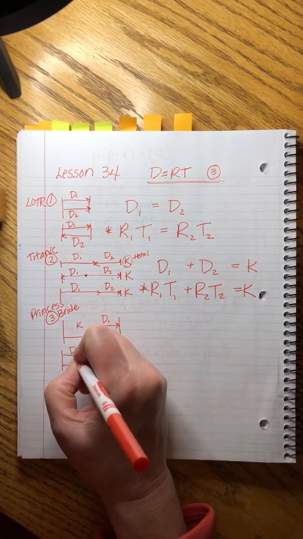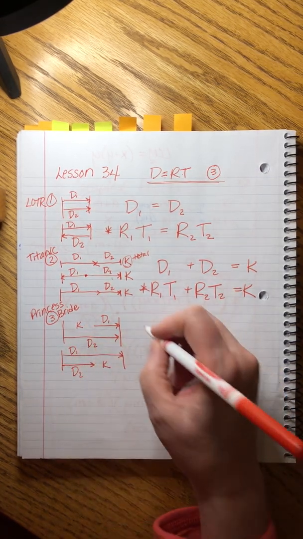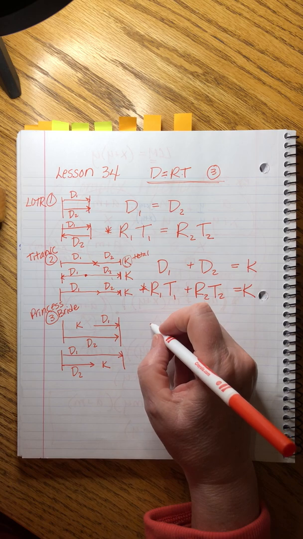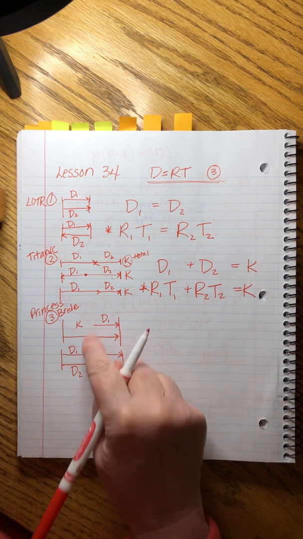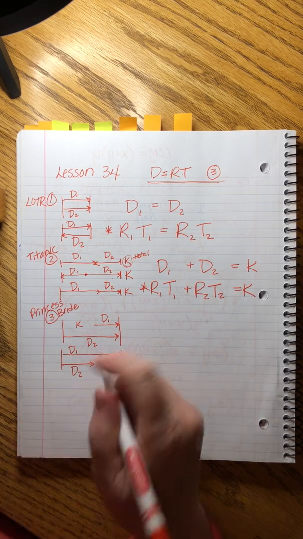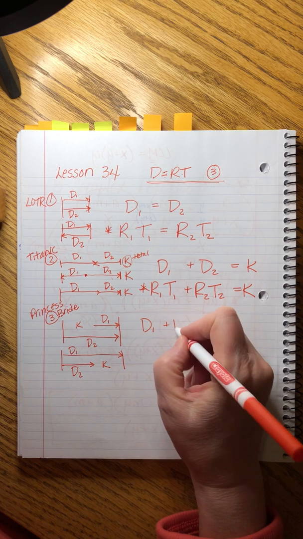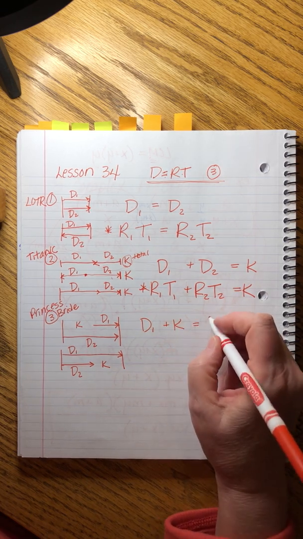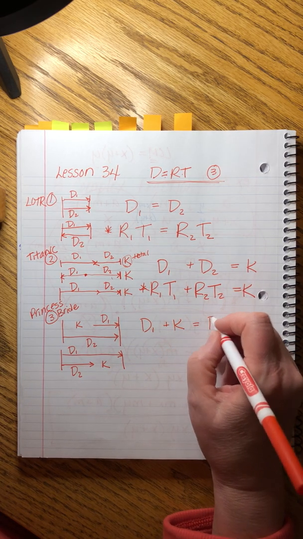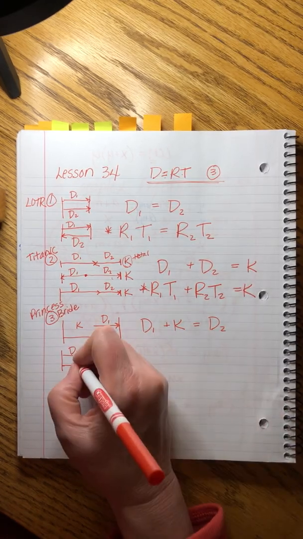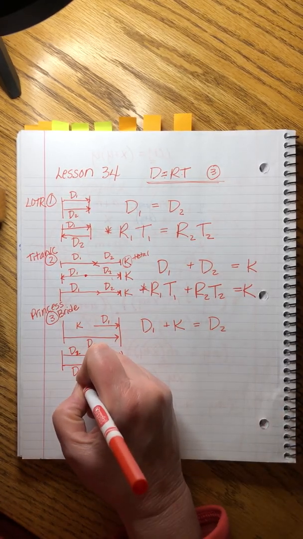Okay? So in these cases, these have slightly different equations because of the way I drew them. But here, the shorter distance plus the gap equals the longer distance. Right? And let me just switch the numbers on these, and then the second one will work too.